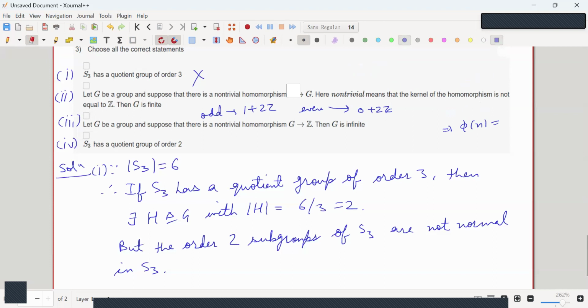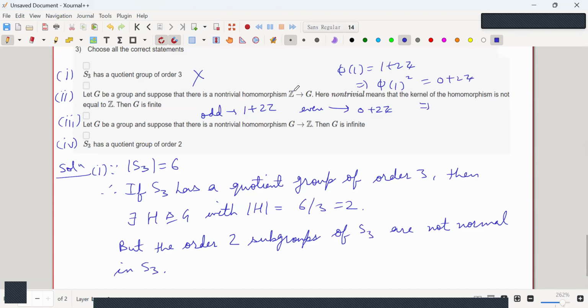Here phi of 1 is 1 plus 2Z, and 1 plus 2Z squared is 0 plus 2Z, so phi of 1 squared is 0 plus 2Z.